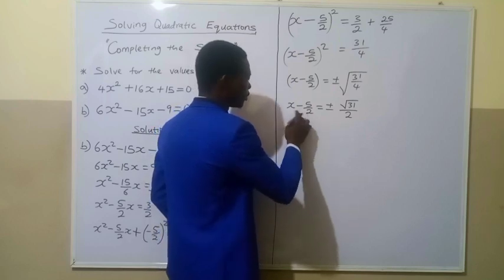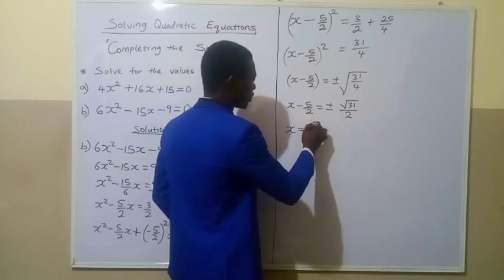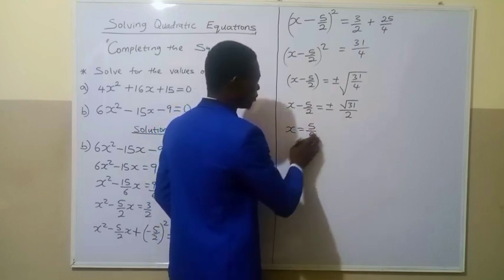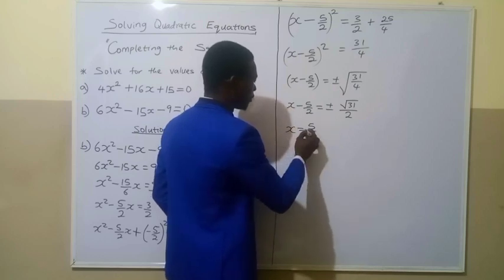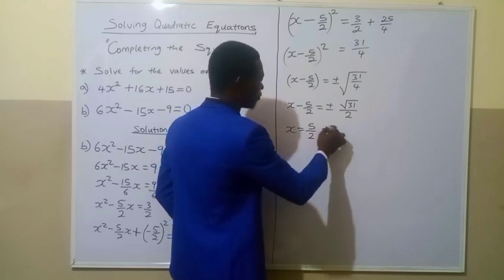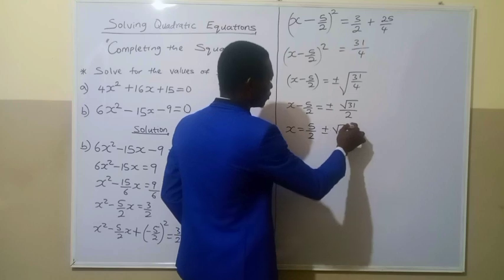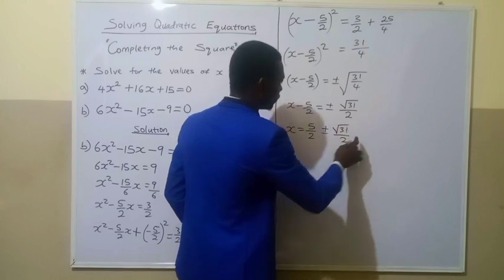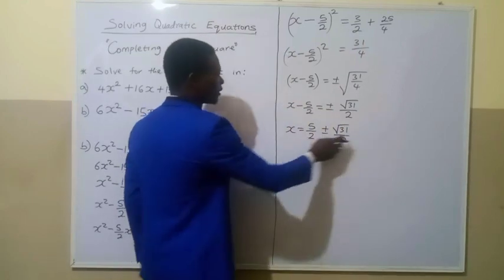So x will now be equal to, if minus crosses, it becomes plus. So that's going to be 5 over 2 plus and minus square root of 31 over 2. And of course, the two denominators are exactly the same thing.